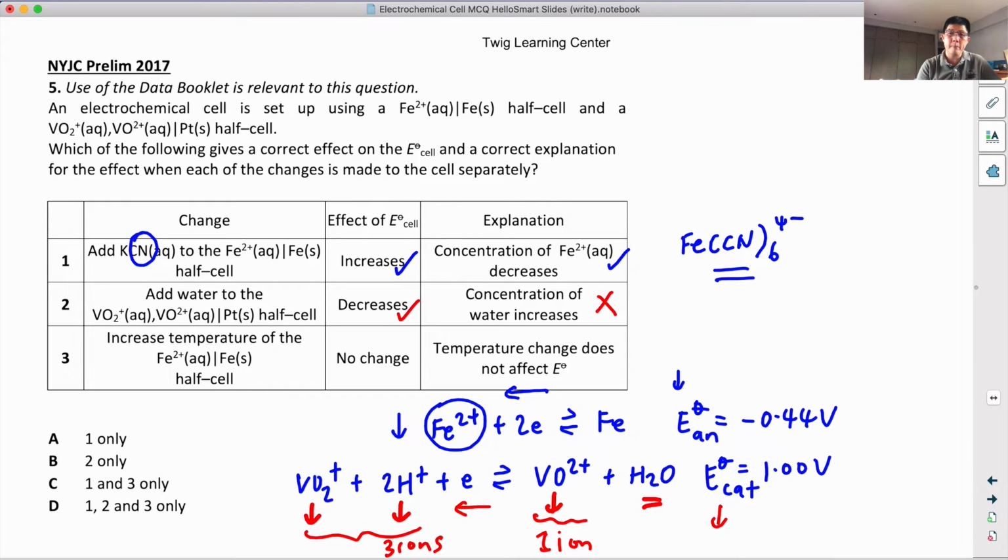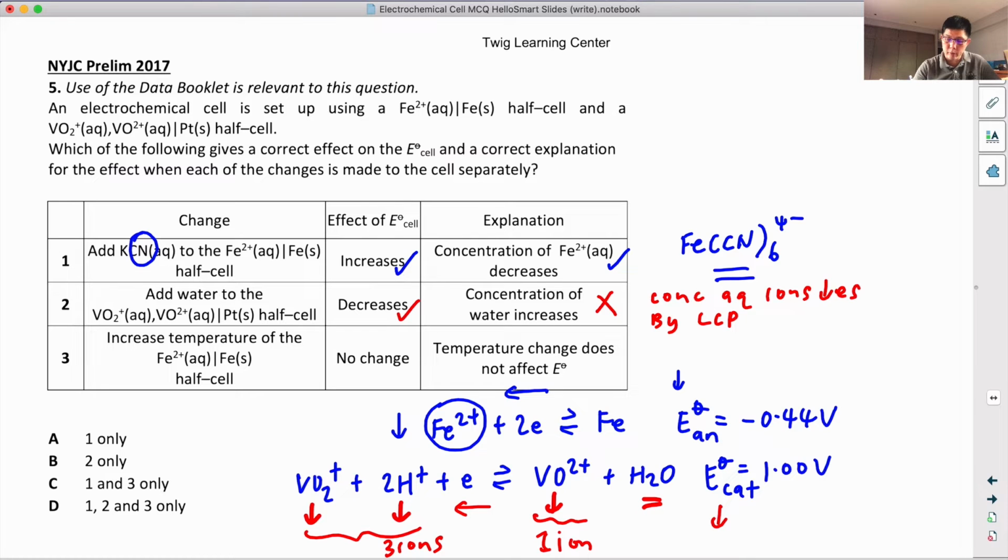The explanation is because the concentration of the aqueous ions decreases. By LCP, it wants to favor the production of more aqueous ions.